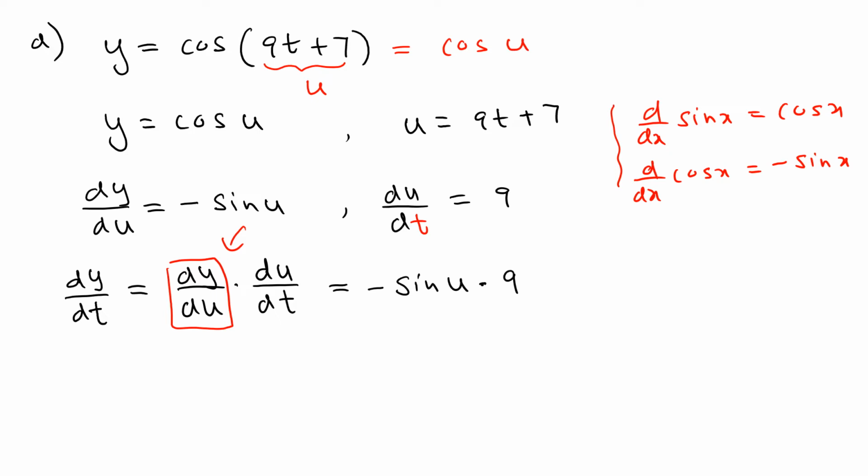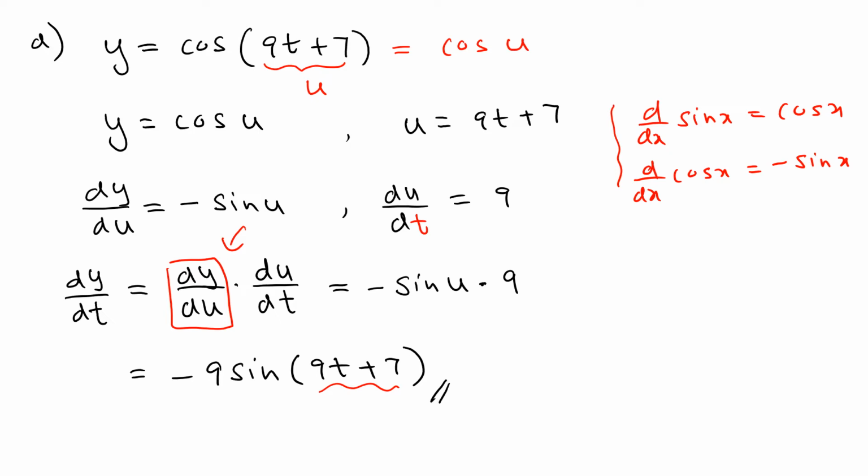It can create confusion, so we don't leave the answer like that. What we do is move the 9 in front. So we can write our final answer as negative 9 sine of 9t plus 7. You notice that there's no change to the inside function, that stays there. Nothing happens to that function, it's only multiplied by the derivative of the outside.